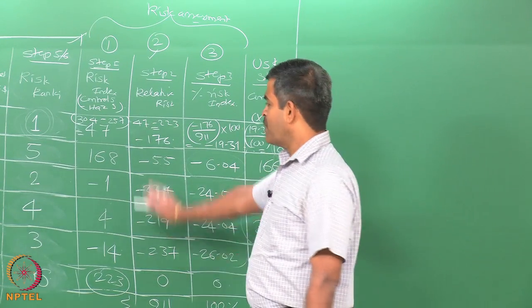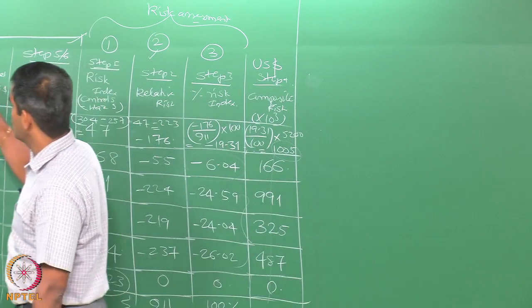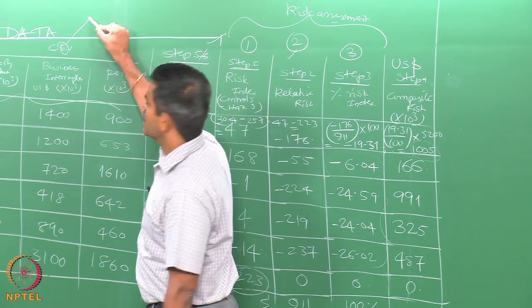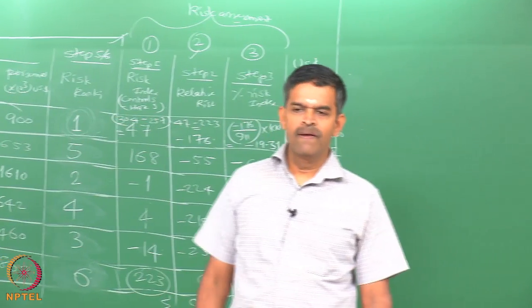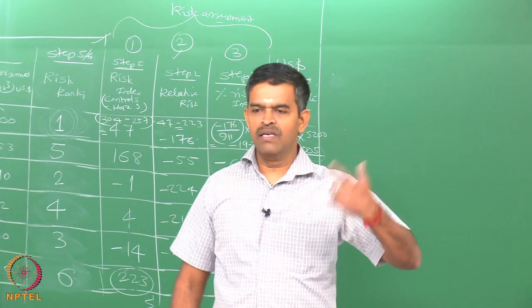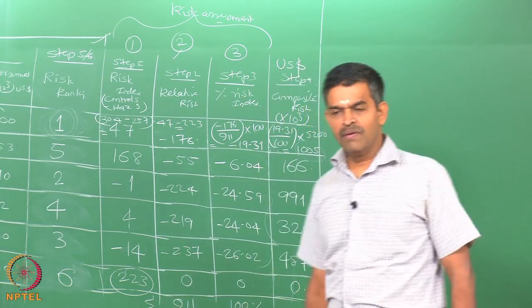Please understand, this is applicable only to the process industry. Why? Because I am talking about exposure values. Exposure is a term related to process and production, not related to any HR or management systems where there is no exposure to risk.